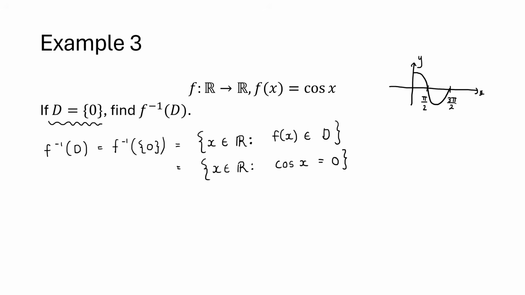We are looking for the x values where cos of x is equal to 0. So here, the first one that we encounter is x is pi over 2. But you can see this repeats. Even if the graph continues here on the left, it will be at negative pi over 2, again at negative 3 pi over 2, and so on. It's not really to scale.